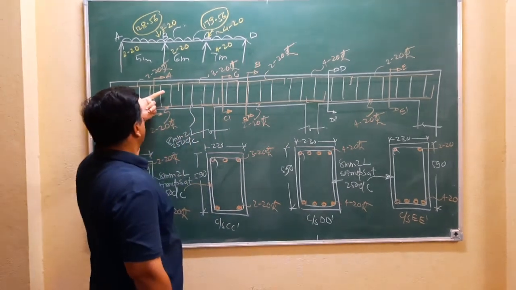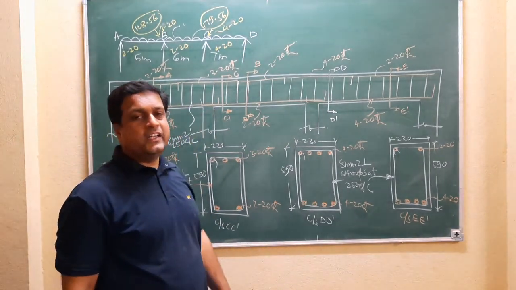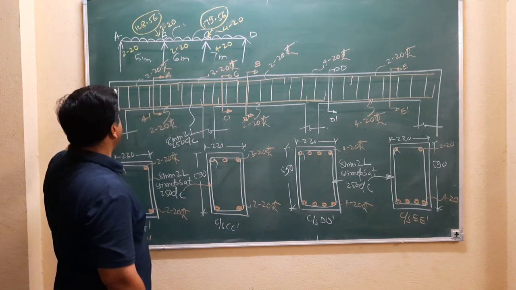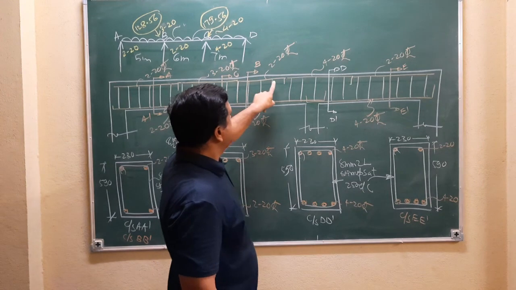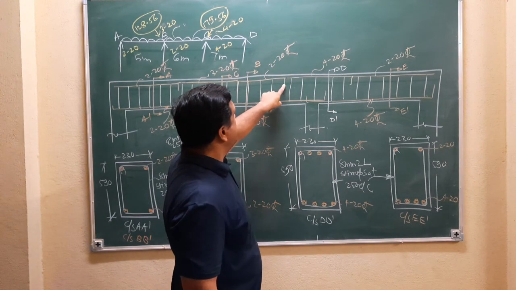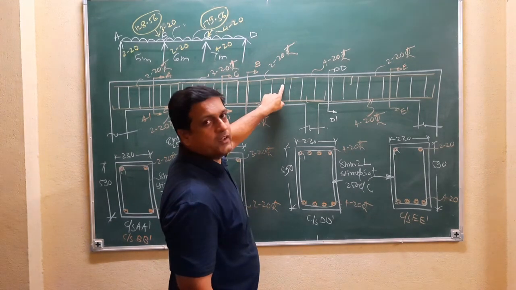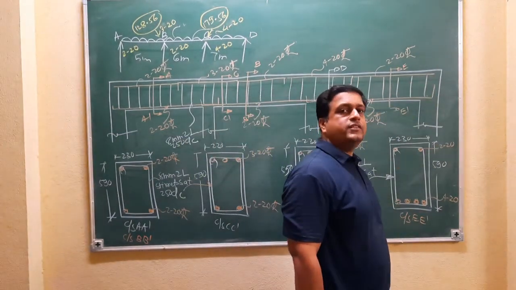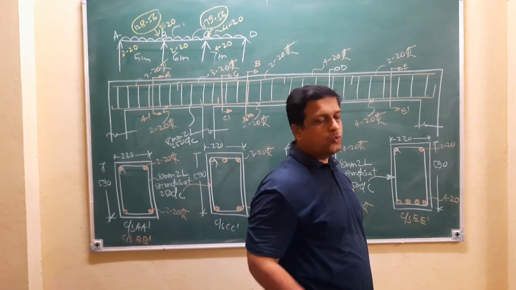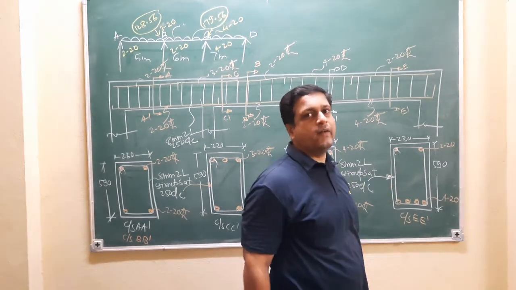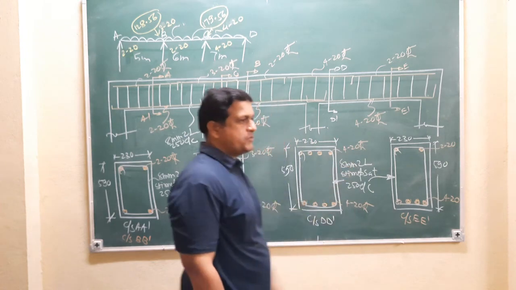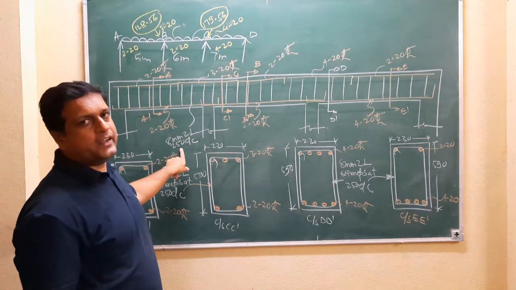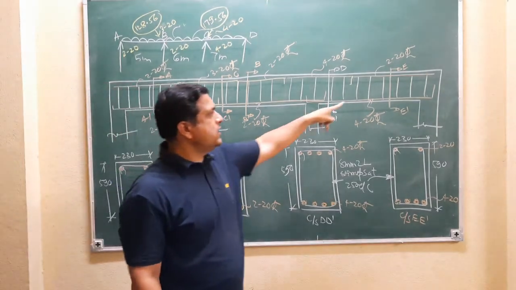But to anchor the stirrups, you have to extend 2 bars from these 3 bars. Extend the 2 bars in between this region and extend 2 bars at the end of this beam to anchor the stirrups. Minimum 2 bars are required at top to anchor the stirrups. Stirrups are 8 mm diameter, 2-legged at 250 mm center throughout the section.